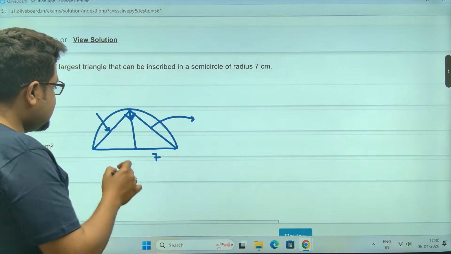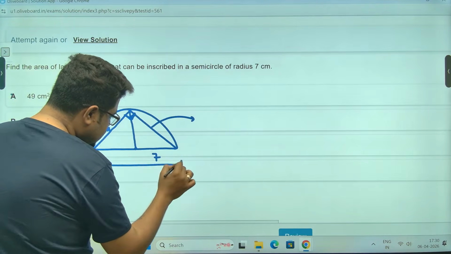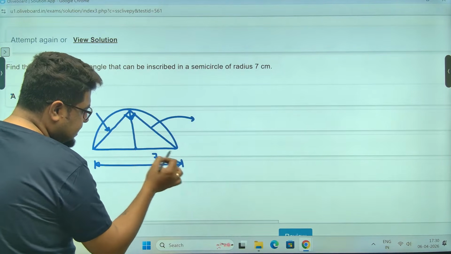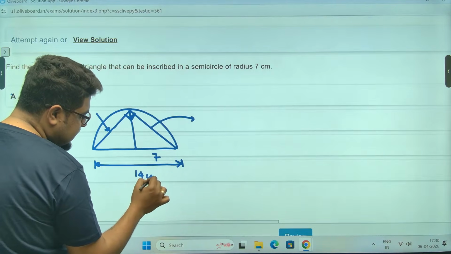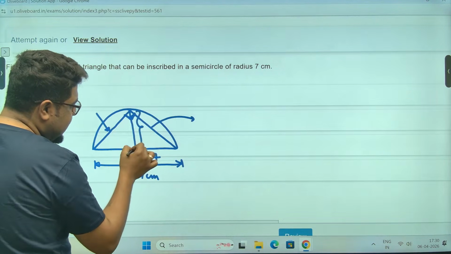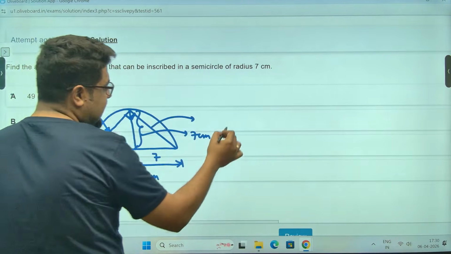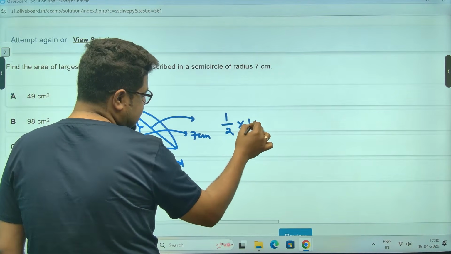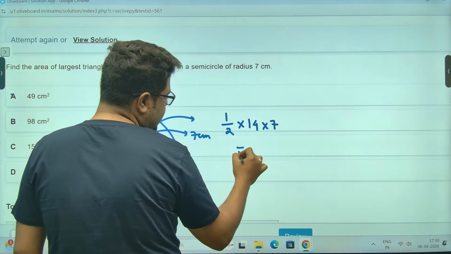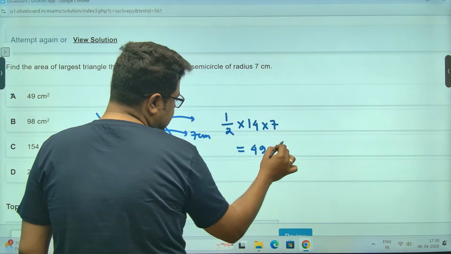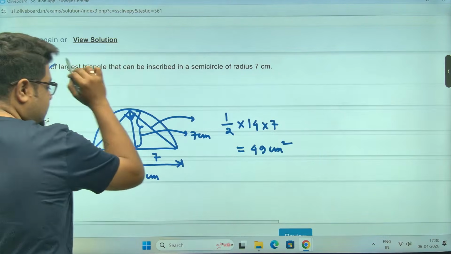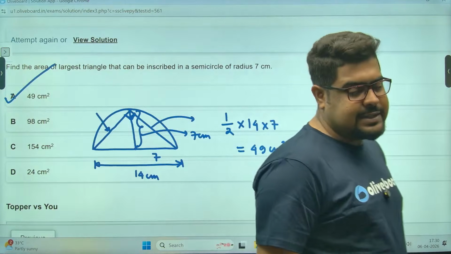This is the diameter. So this side 7, this side 7, total is 14 centimeter. And this is also radius, so this is also 7 centimeter. So the area will be half, base is 14, height is 7, which is 49 centimeter square. Without a shadow of a doubt, option A is your correct answer.